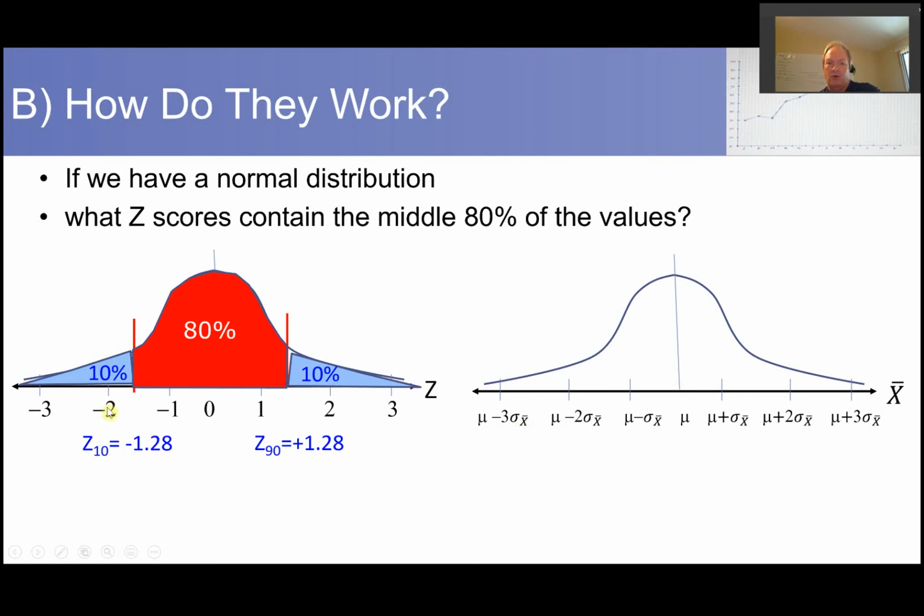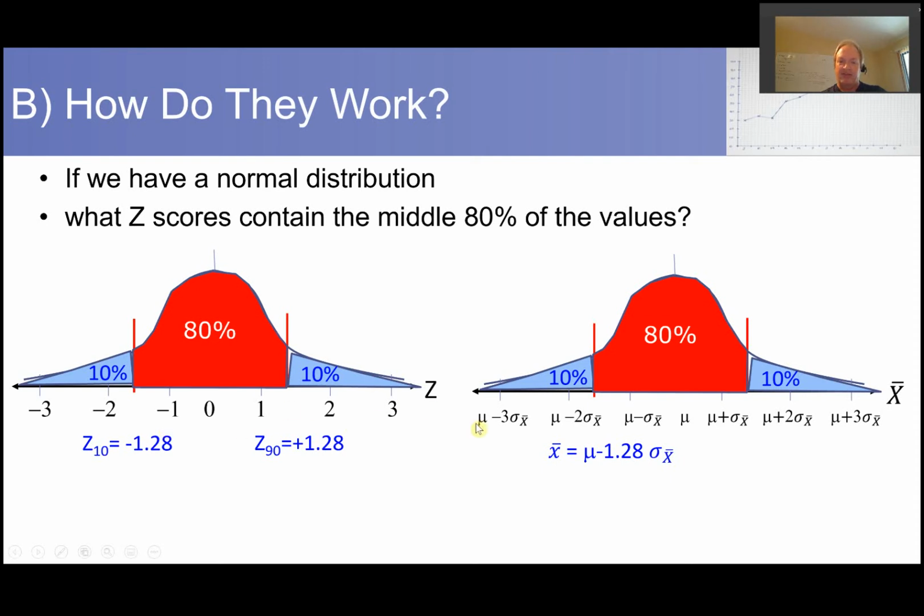Remember, a Z-score of -2 tells me how many standard deviations I am below the mean. So this is the value that's 2 standard deviations below the mean. And the standard deviation for X bar is denoted by sigma sub X bar. And I know what these values are.